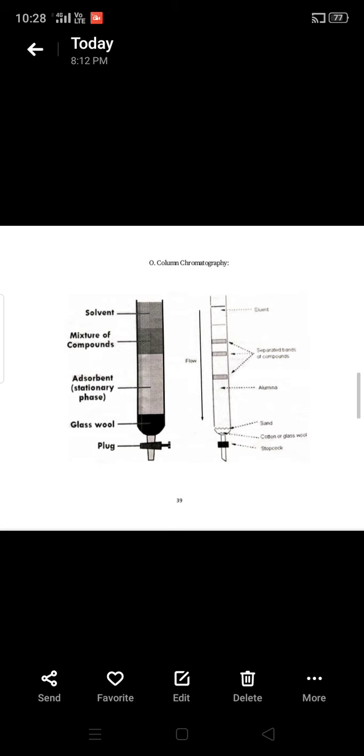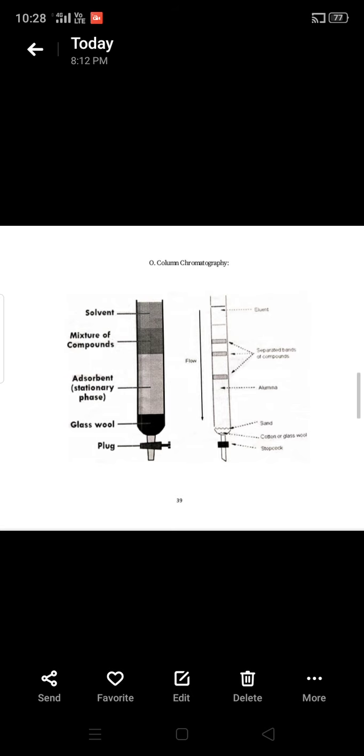As the mixture moves down through the column, the components are adsorbed at different regions depending on their ability for adsorption. The component with greater adsorption power will be adsorbed at the top and the other will be adsorbed at the bottom.